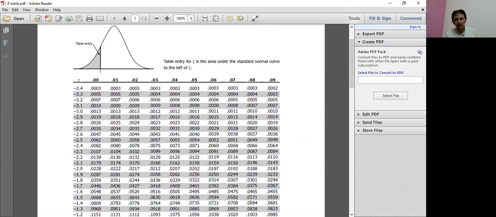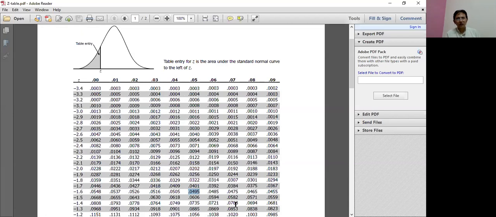If you check 0.0495, this one, you can see that it is minus 1.6 plus 0.05, it means minus 1.65.